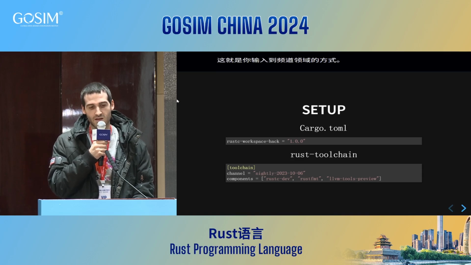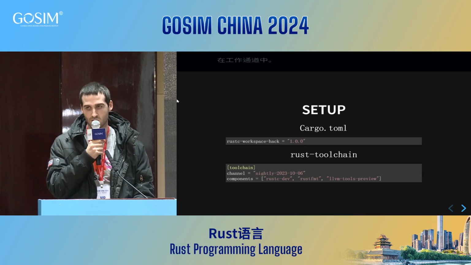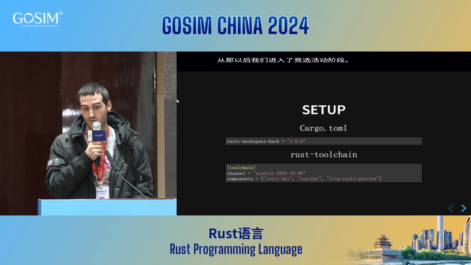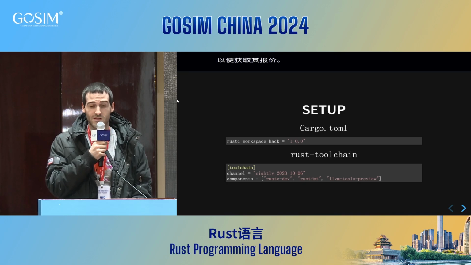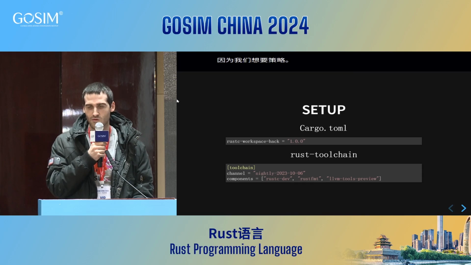And from there, we want components, so rustc-dev, because we want the crates of the Rust compiler, rustfmt, because we are not savages, we actually want to have some nicely formatted code, and llvm-tools because we want it to be compiled. And that's pretty much it. Normally, you never need the rust-toolchain file anywhere, but in this case, it will be very important and sadly a strong requirement.